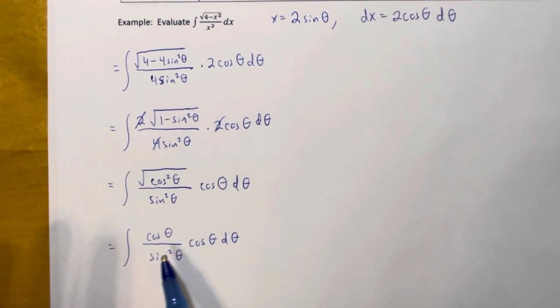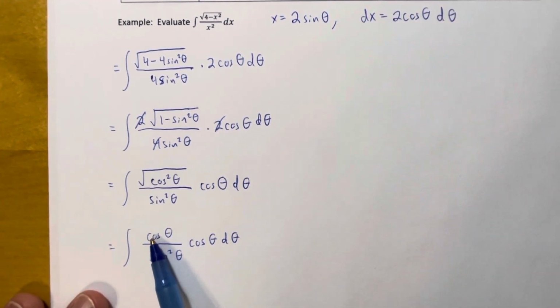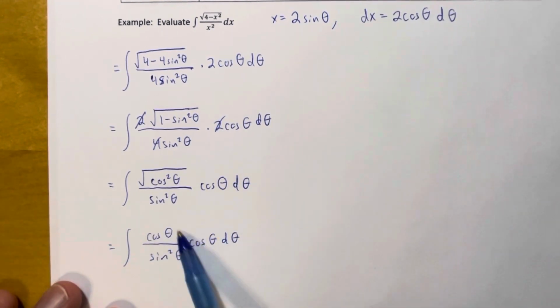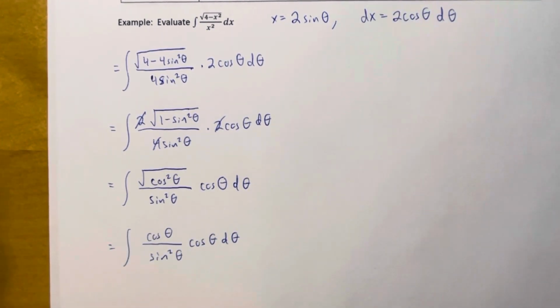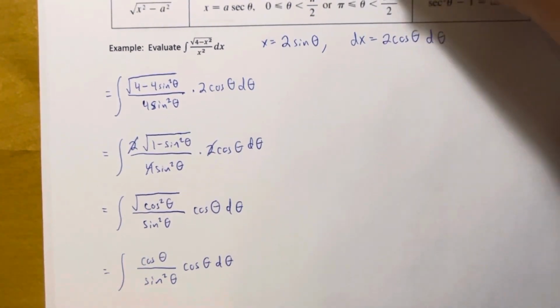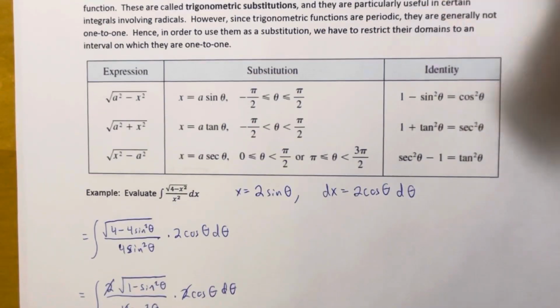But I didn't bother doing that. And the reason why is because I already know that this cosine of theta is non-negative. The absolute value is not going to change anything if I already know that this is never going to be negative in the first place. And how do I know that it's not going to be negative? Well, remember, we made this substitution from the beginning.